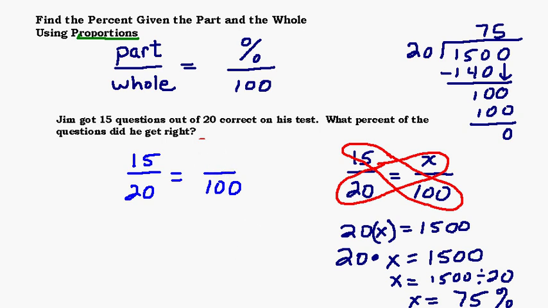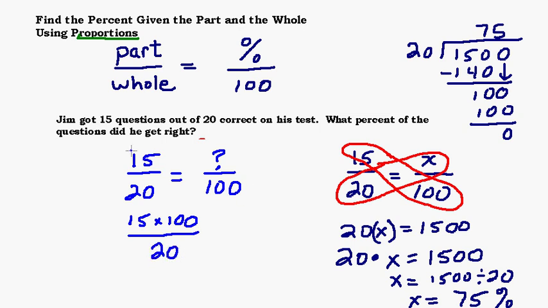So a shortcut to do cross multiplication is to multiply the two numbers that are across from each other, 15 times 100. And then whatever you get for that answer, you're going to divide it by 20. That will always work.